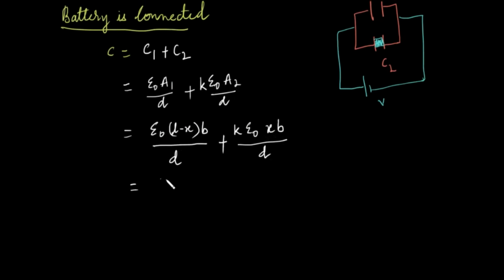Now we take epsilon naught B by D common, so the remaining part will be L minus x plus kx.